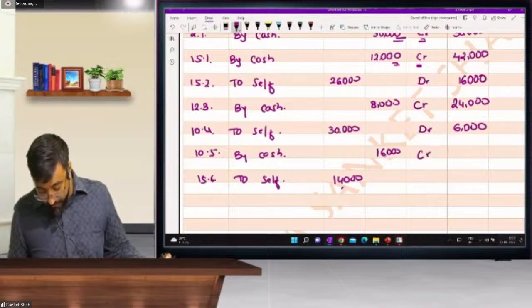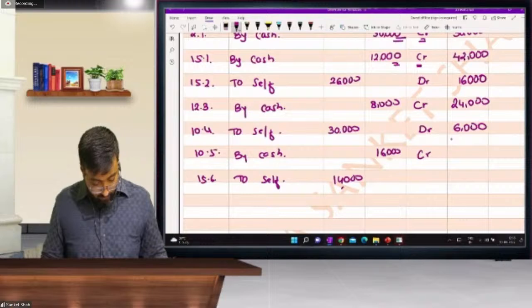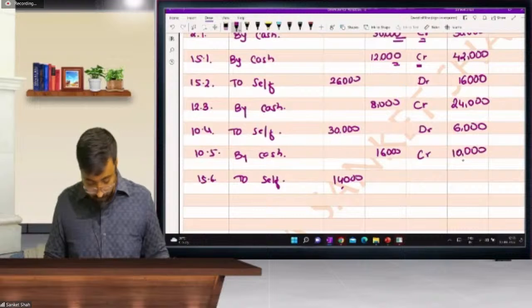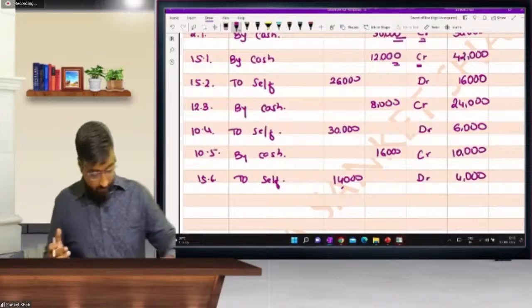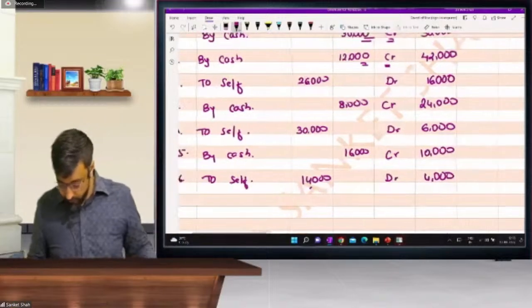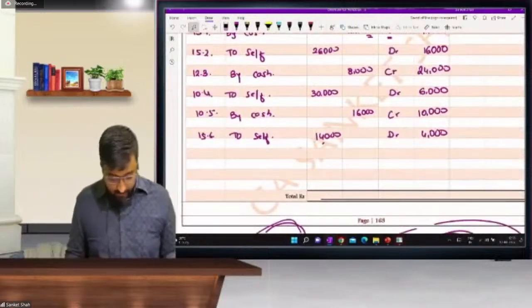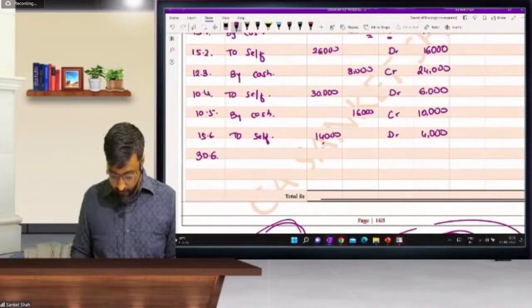Then you credited 16,000. 10,000. Then you debited 4,000. So, and last date is 30th June. Okay.